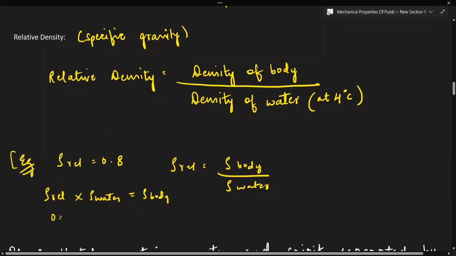So relative density is 0.8 and density of water is 10 to the power 3. This is equal to the density of body. So density of body will be equal to 800 kg per meter cube. Now, can you tell me what is the SI unit of relative density?